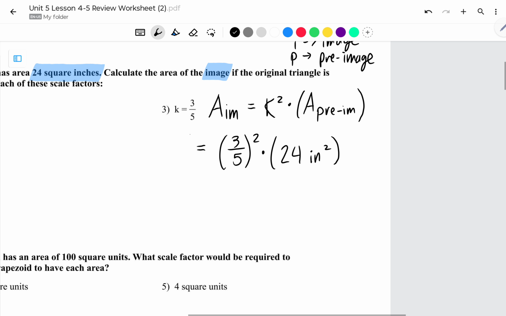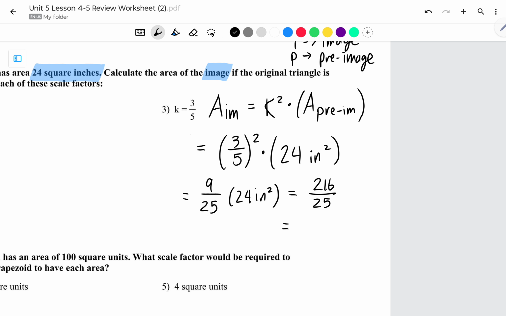Okay, and when you're squaring a fraction, you have to square both the numerator and the denominator. So that's 9 over 25 times 24. 24 gets multiplied by the 9, so that's going to be 216 over 25.